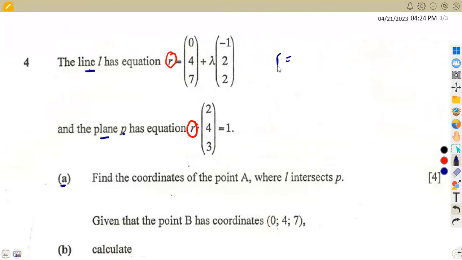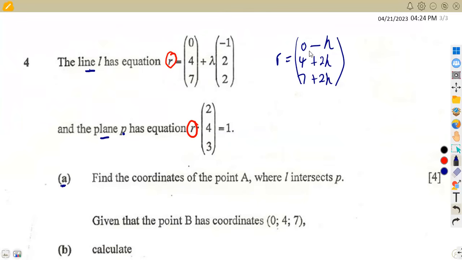By multiplying the lambda that we have by -1, we are going to have 0, 4, 7, plus times a minus, which is a minus. So that's lambda times -1, which is negative lambda. Then positive and positive, this is going to be positive 2 lambda, and this one is the same thing. So this is what you obtain in terms of a single term.